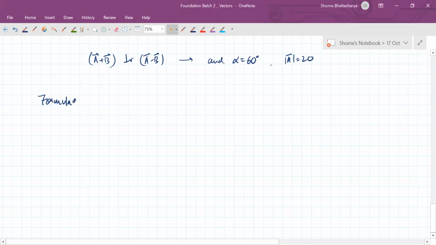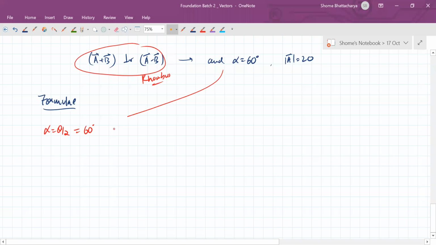Because of this you understand that it's a rhombus. For the rhombus you have the formula that alpha is equal to theta by 2, that is 60 degrees. So the angle between the two vectors is 120 degrees. And of course magnitude of A is equal to magnitude of B, so that is 20 units.